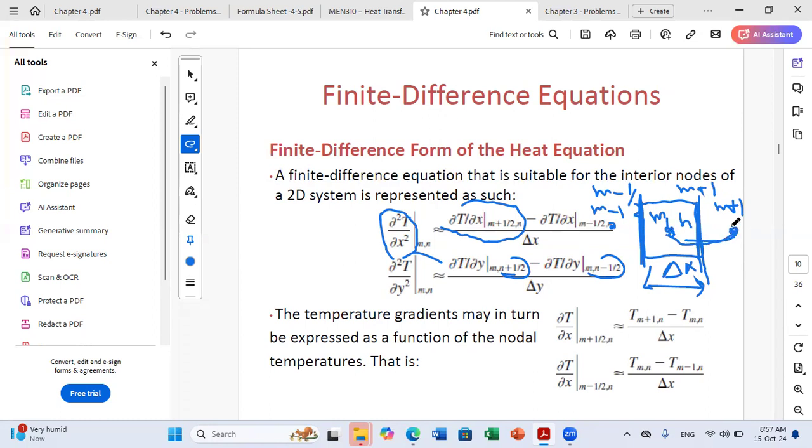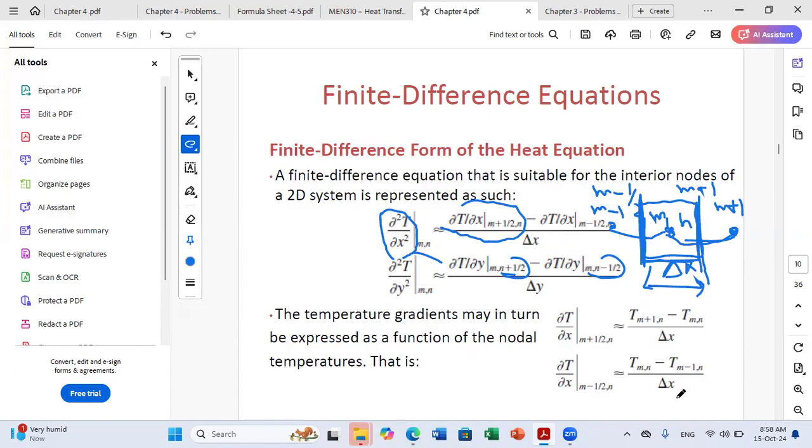For a uniform grid, the length of the side will be equal to the distance between the centers, so over delta x. And if I replace now del T by del x at this face, I will use T m n minus T m minus 1 n over this distance, which is delta x.